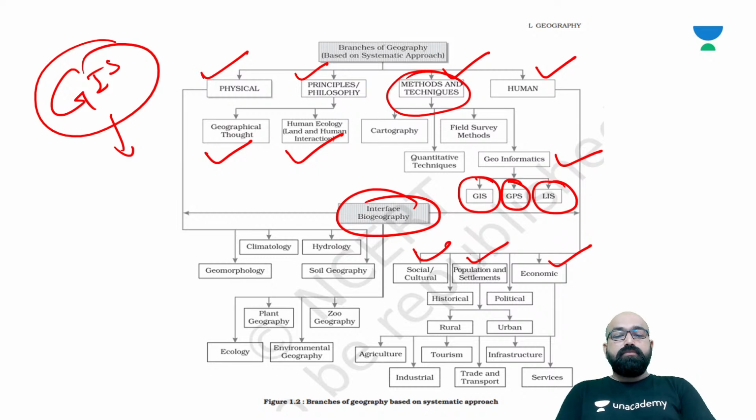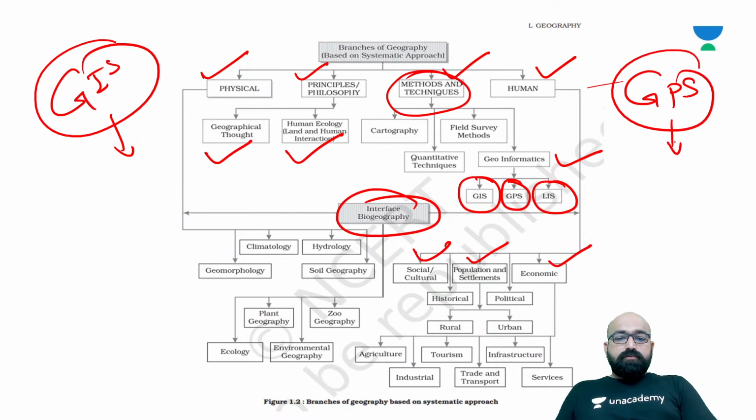GPS has become a handy tool to find out exact locations. Then technologies have enhanced the capacity of attempting synthesis with sound theoretical understanding.